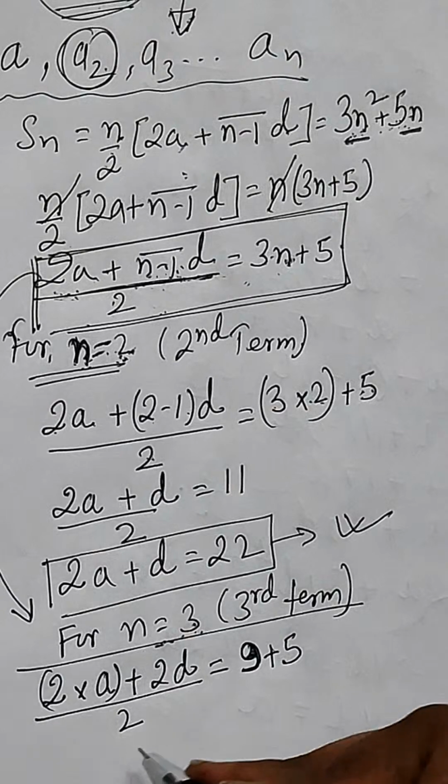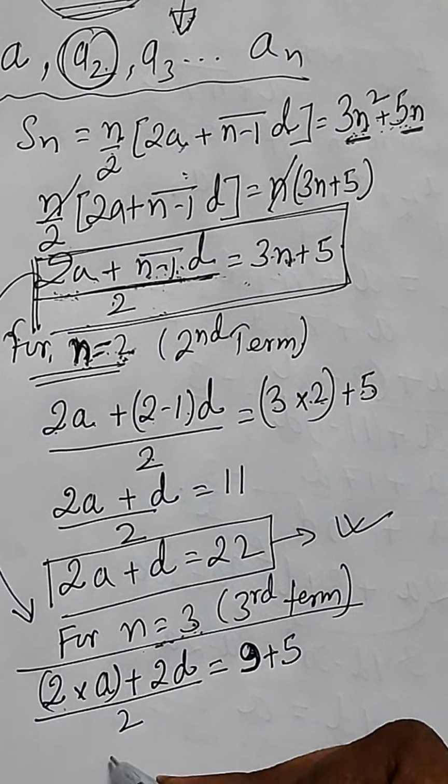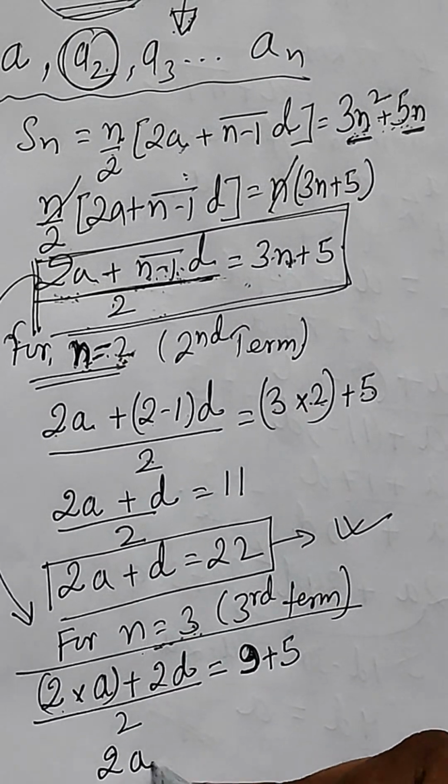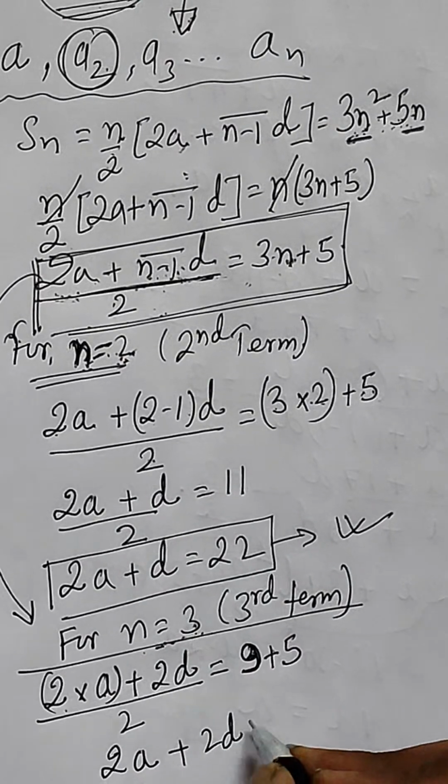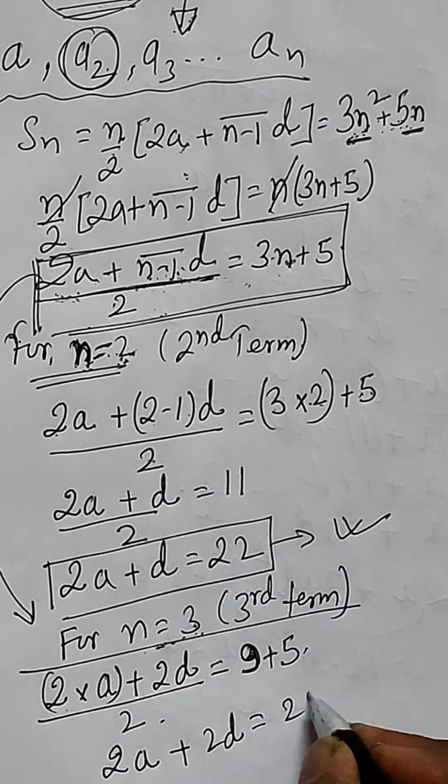This gives 2a plus 2d equal to 14 into 2, 28.